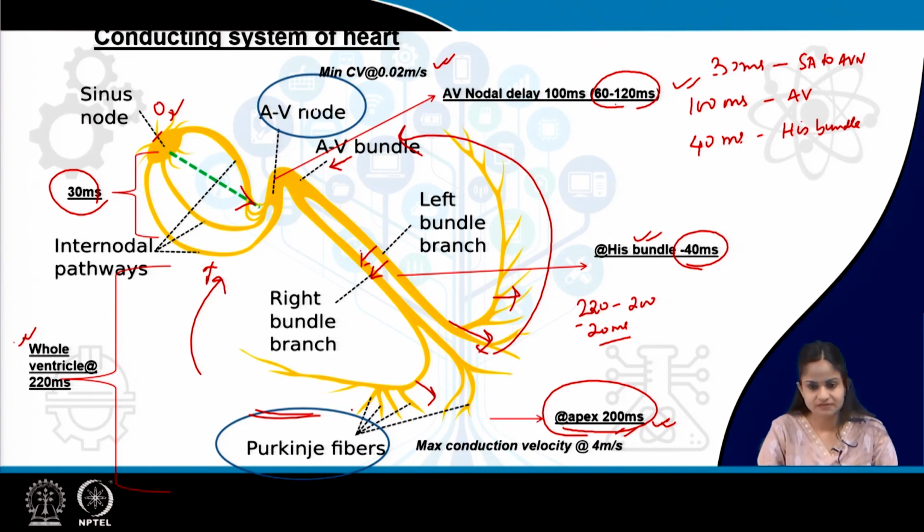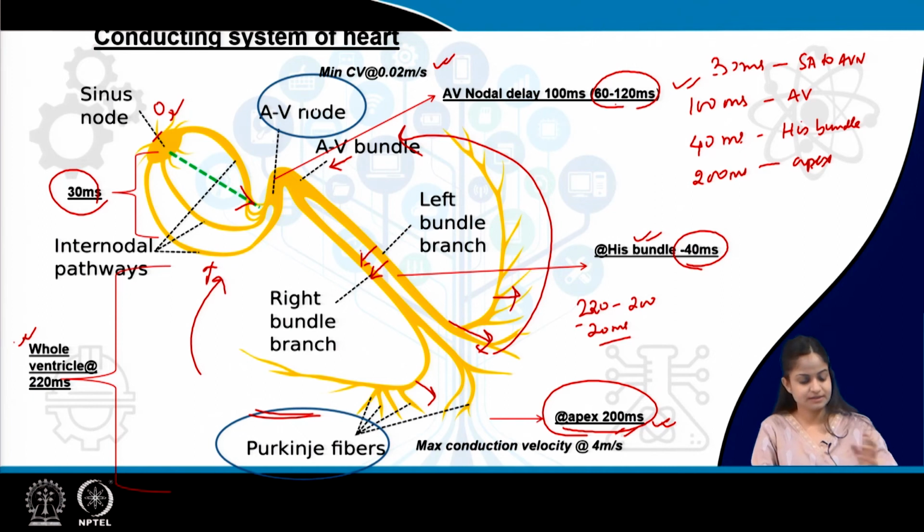The apex of the ventricles, 200 milliseconds, and the whole ventricular depolarization takes place at 220 milliseconds. The rest part is the repolarization. We already know the action potential ranges between 250 to 300 milliseconds in the case of cardiac action potential.